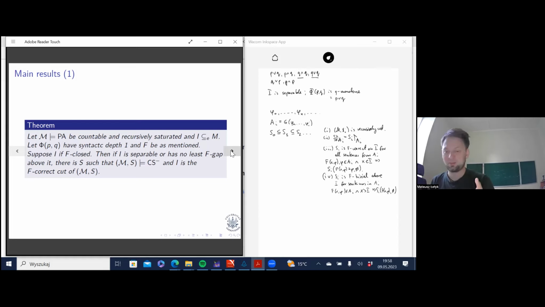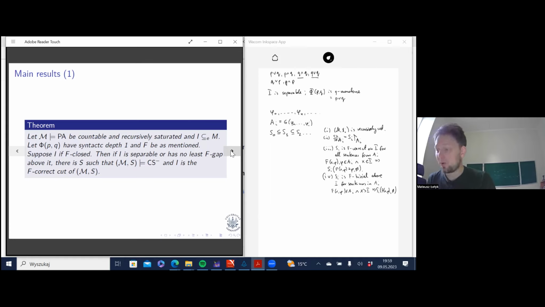Maybe let me say it once again. Whenever you take a disjunction of 0 equals 1s which is sufficiently long, which belongs to A_i, then it will be made true by S_i.